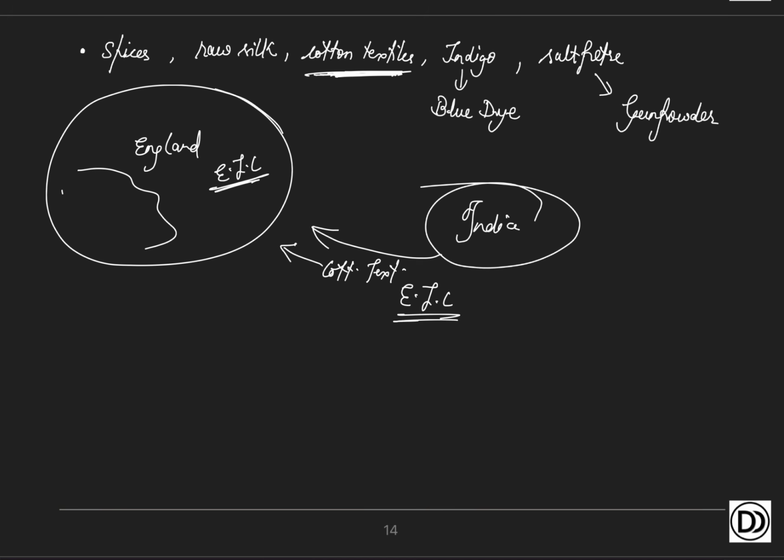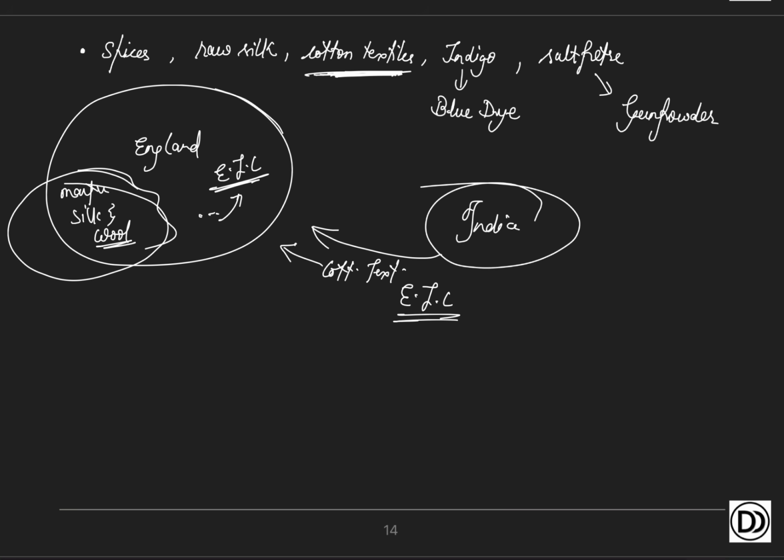So the local manufacturers of silk and wool textiles were incurring losses because the demand of these silk and wool textiles reduced. So the local population started attacking East India Company's headquarters. There were many protests in England.